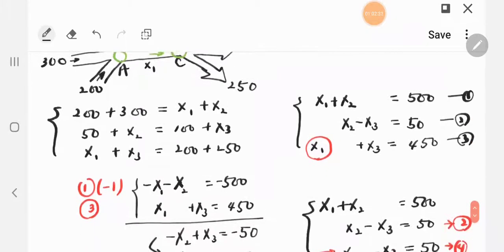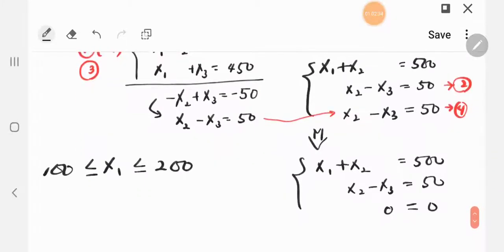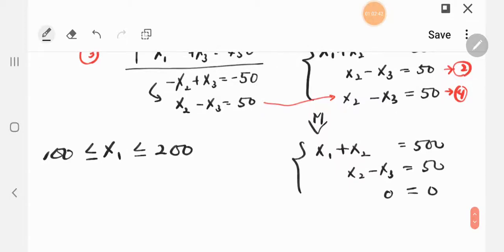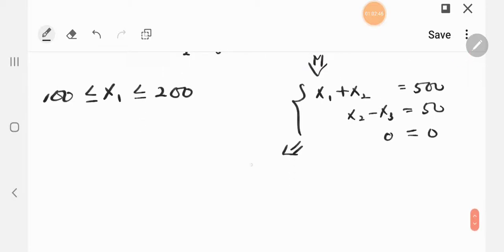So based on these x1 values, let's find the values for x2 and x3. From the first equation, x1 is equal to 500 minus x2.